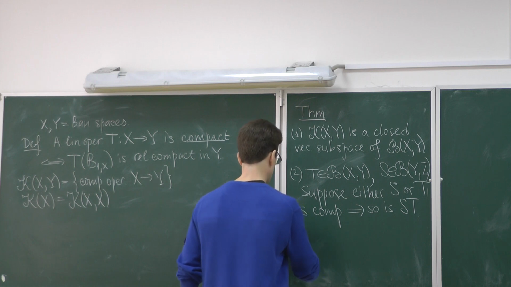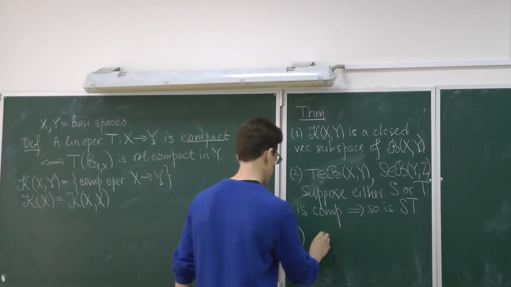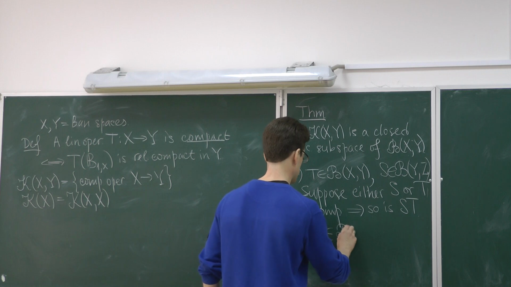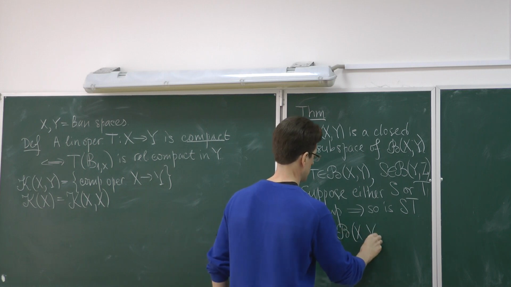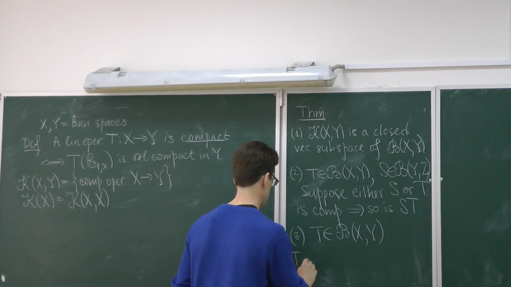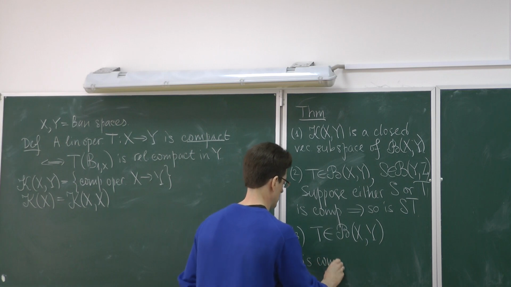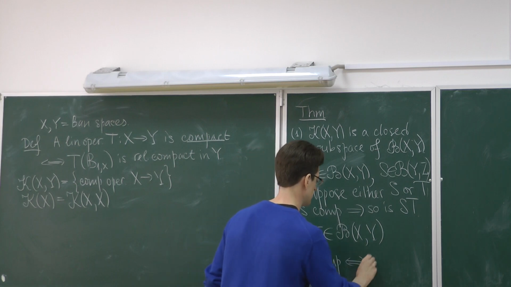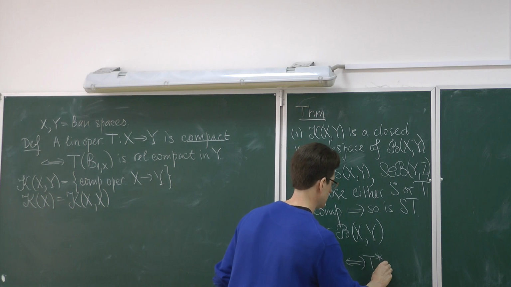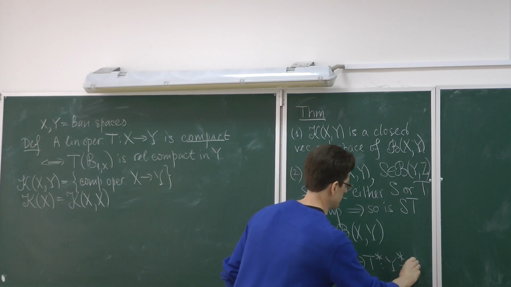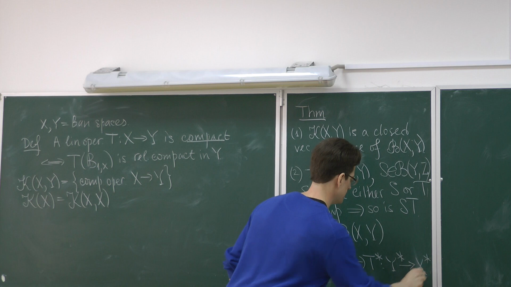And finally, if we have a bounded linear operator T from X to Y, then T is compact if and only if the dual operator T star, which acts from Y star to X star, is compact.